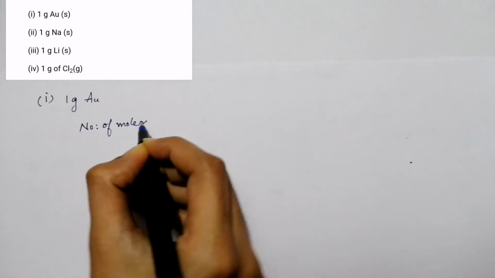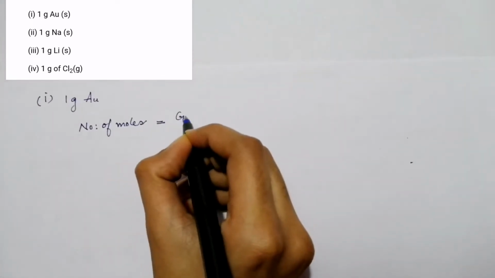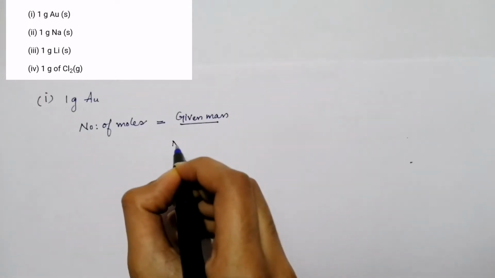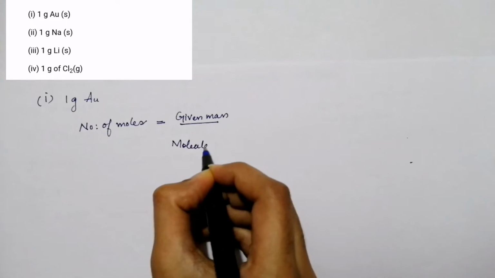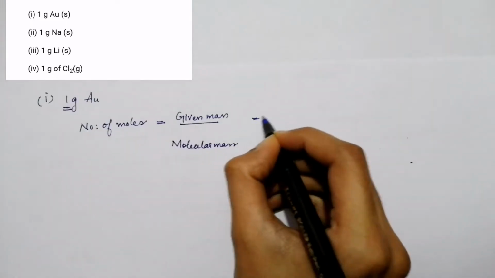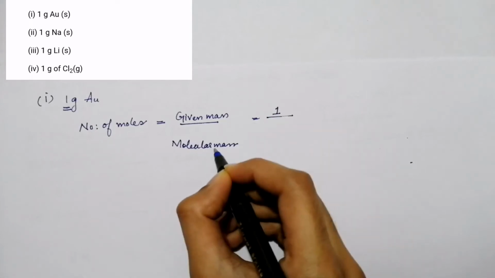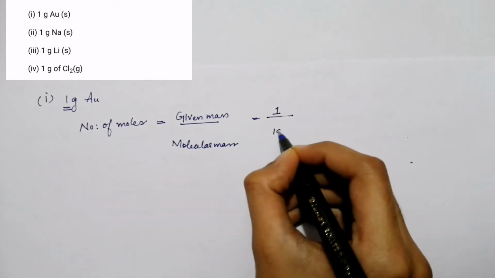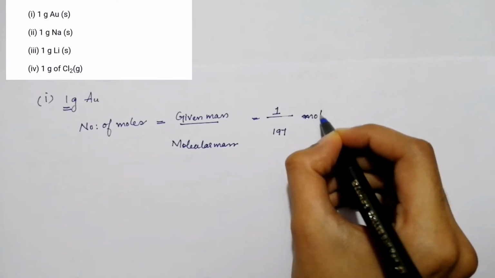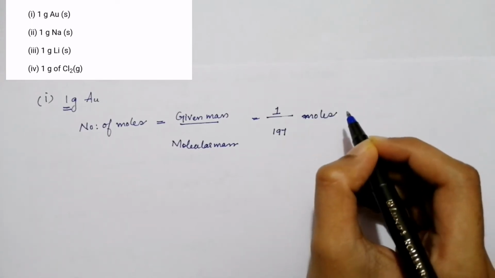We know that number of moles of gold is equal to given mass upon molecular mass. The given mass is 1 gram. So we put it as 1 divided by the molecular mass of gold, which is 197. So these many moles are present in 1 gram of gold.